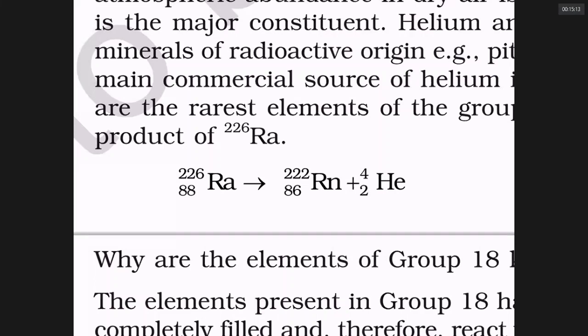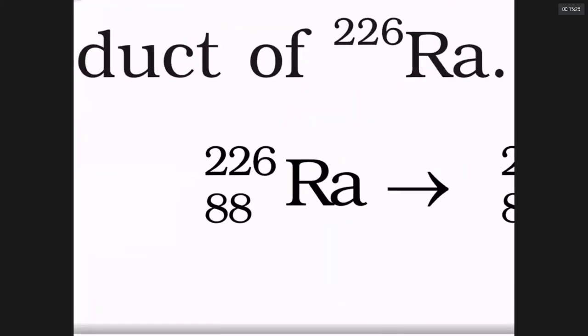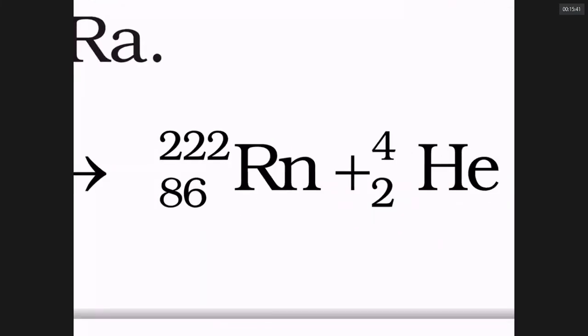Sorry, I said radon, I meant radium. When the second group element radium undergoes radioactive decay, it gives two noble gases, radon and helium. Which element on radioactive decay gives two noble gases? That is radium, which belongs to the second group.